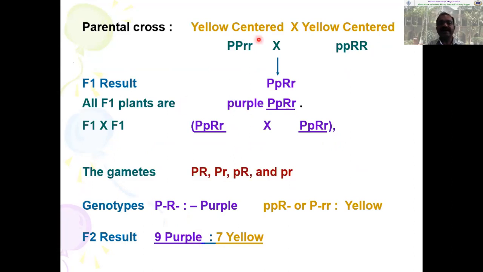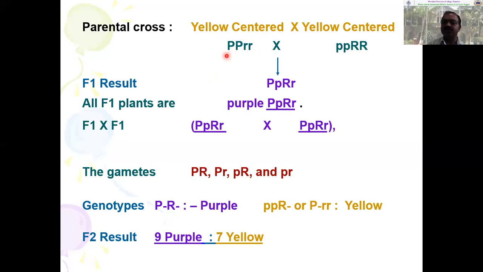So let's say, since it is a duplicate recessive epistasis, a yellow center variety will be yellow whenever there is either small pp or small rr. Since we have crossed two different yellow center varieties, because it is producing a different purple center class, their genotypes would be capital PP small rr with another yellow center variety, small pp with capital RR.